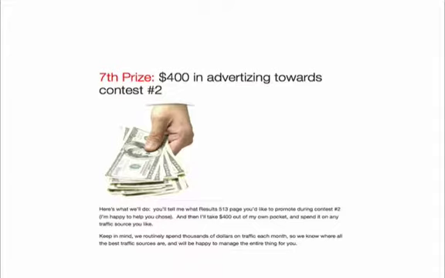I'll go over those details here in a minute, but essentially, if you win 7th prize, we're basically going to invest that towards advertising directly to your link. When we're buying our traffic, we'll make sure that we spend $400 on your link, and so that will give you a jump start in contest number 2.